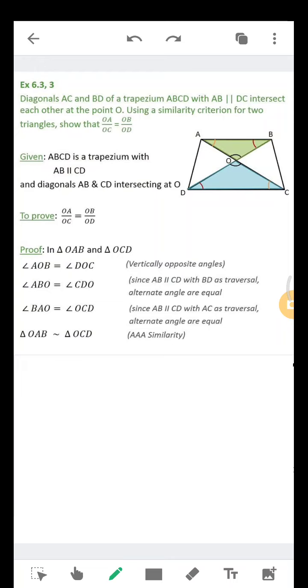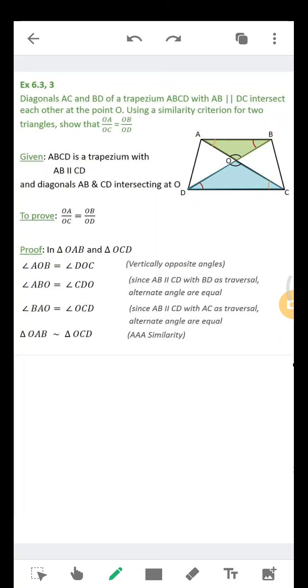Actually, three angles are not required. We can even say it by two angles also. I can just use this alternate angle and the other alternate angle, but the third angle will also be equal, as you know. So these two triangles are similar by triple A similarity rule.